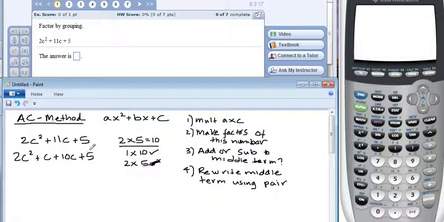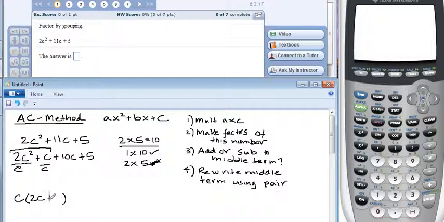We can group. So now I'm going to go back to my grouping stuff. I've turned it into that on purpose. What's in common there? Well, I have a c. I'm going to divide through by c, each one. This becomes a 2c.